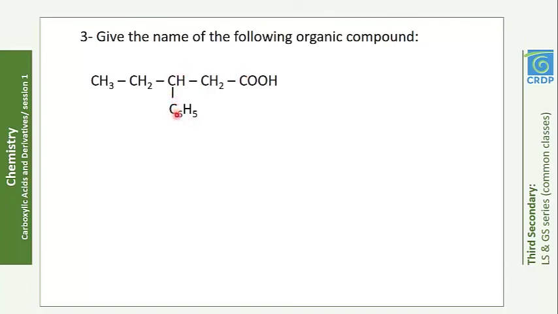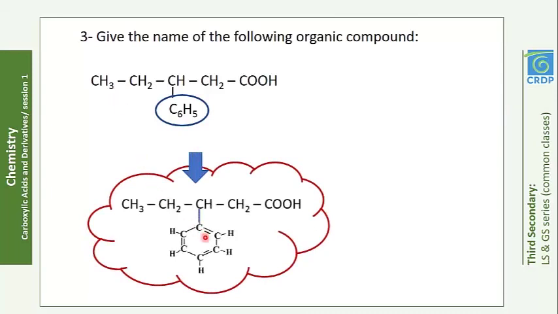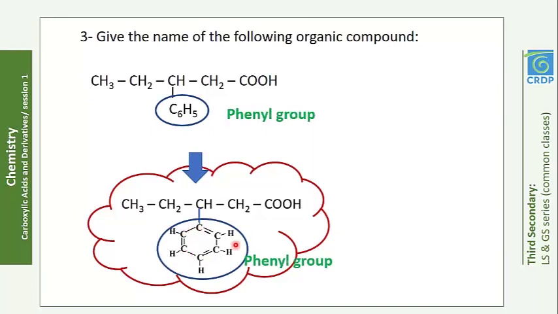But this is not true at all, because C6H5 is a cyclic group. It must not be the main chain. All the time the main chain must be a linear chain. This compound, all of it together, can be represented in this way. So C6H5 is this group. It's the phenyl group.